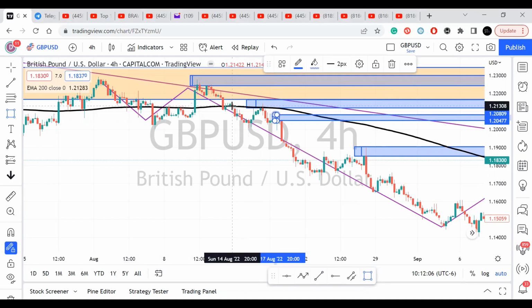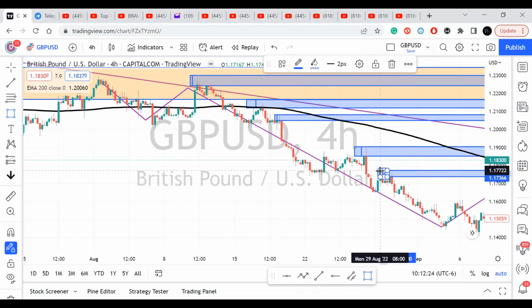This one is already covering for it too. So let me just mark it out, even though this is within the same zone. So the same structure. Let's just get this one out. So the next one, this one.